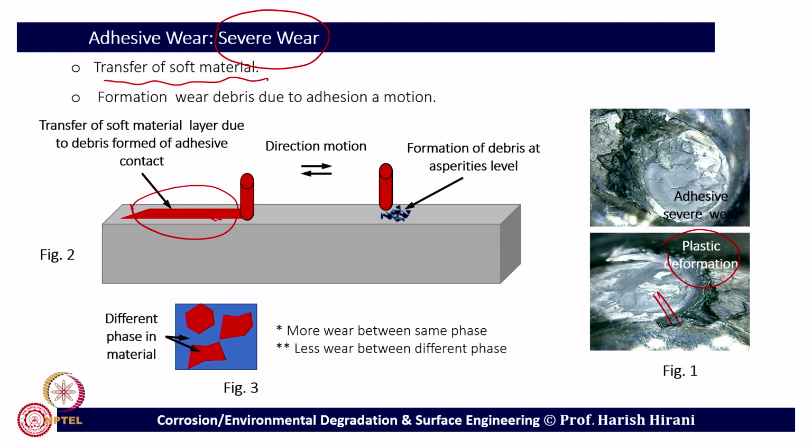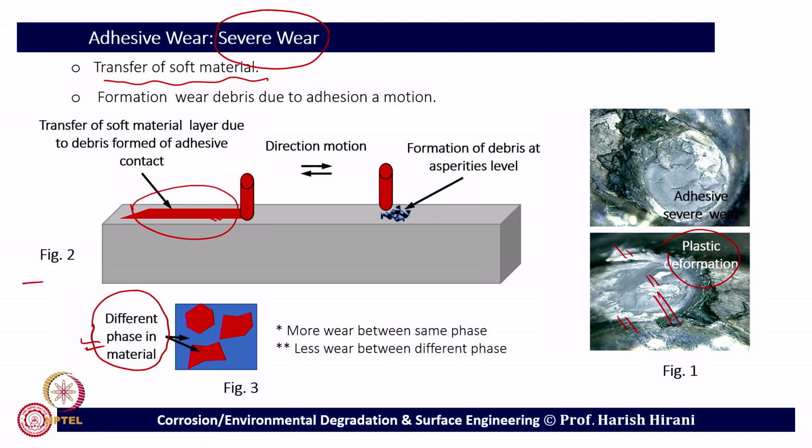There will be huge plastic deformation, cold junctions, and more and more fragments coming from the surface, which means the number of junctions being broken. This is what we call severe wear, which is important to consider. We want to avoid this kind of wear. What should we do? Whenever we think about severe wear, one thing is hardness, and the other is whether we can change the phases.